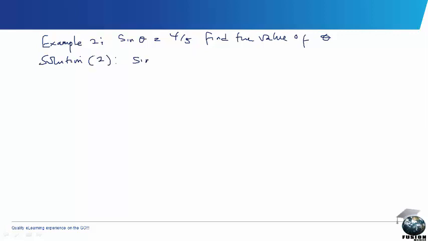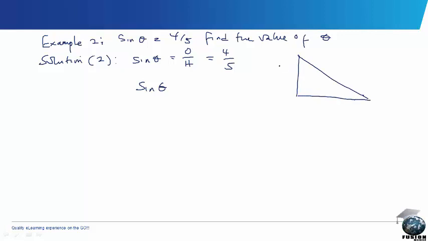Remember that sine theta is defined as opposite over hypotenuse, which implies that 4 is the opposite side of the triangle and 5 is the hypotenuse side. So you make an imaginary triangle, having in mind that the opposite side is 4 and the hypotenuse side is 5.